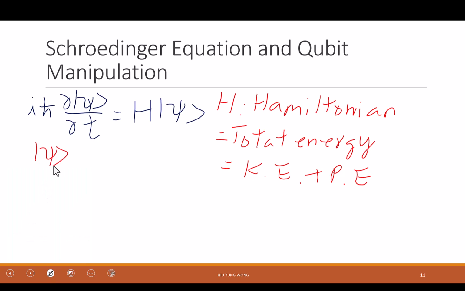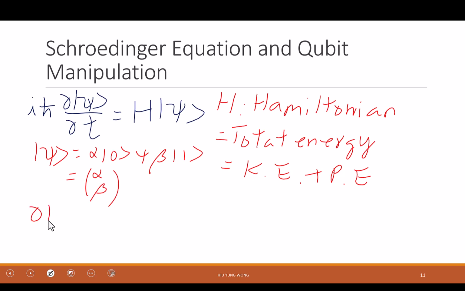What is psi, by the way? Now, usually quantum mechanics scares us because of the wave function, right? A lot of complicated math to tell me the probability of finding it at different points in the location. But in the bracket notation, particularly for a qubit, it is so easy. Because what is psi? Psi is alpha 0 plus beta 1. This is what defines a state. I can also write it as alpha, beta, as long as I know what the basis state is. The basis state doesn't change, right?